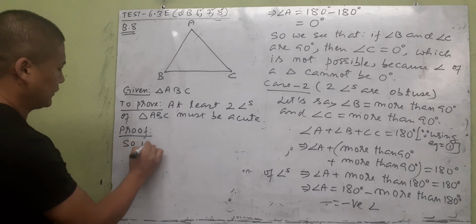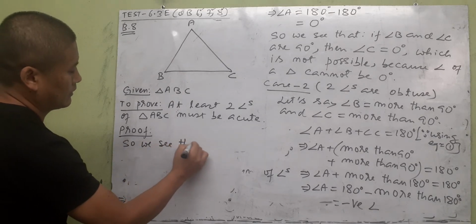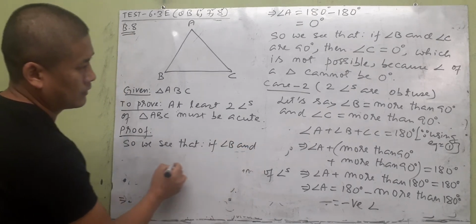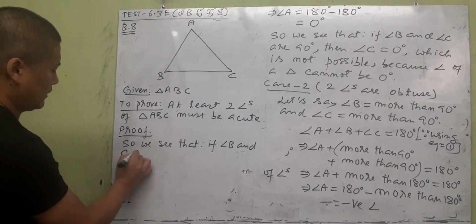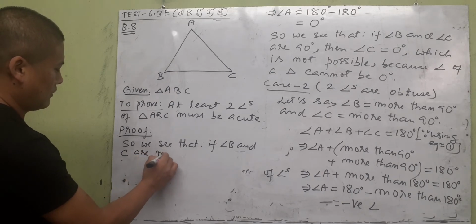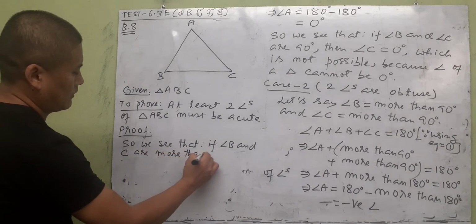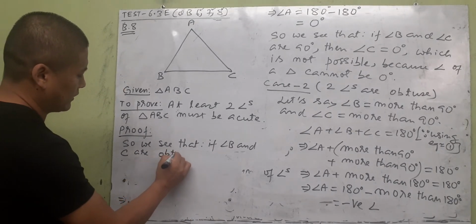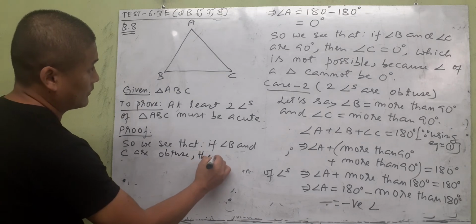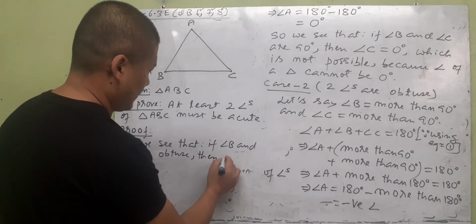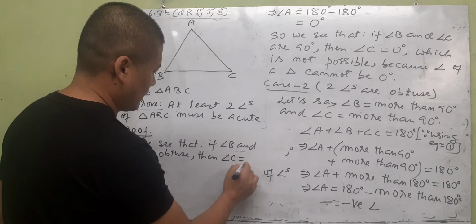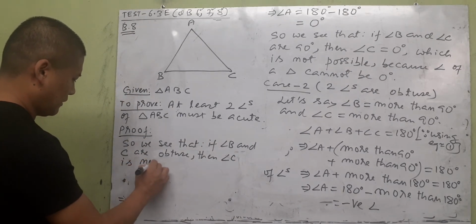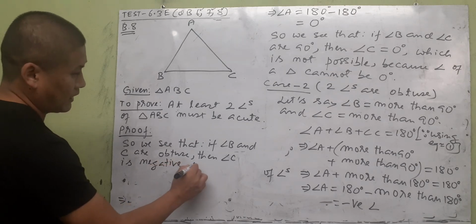We see that if angle B and C are obtuse, meaning more than 90, then angle A is a negative angle.